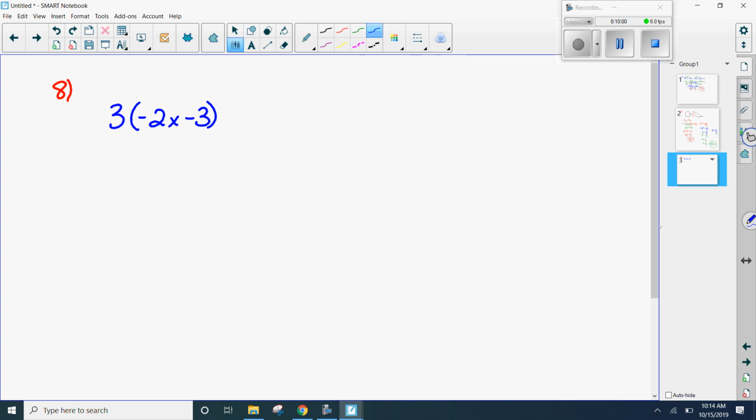3 times negative 2x minus 3 minus 2 squared is equal to the opposite of negative 3x minus 5, minus 2. All right, what's the first thing we need to do?